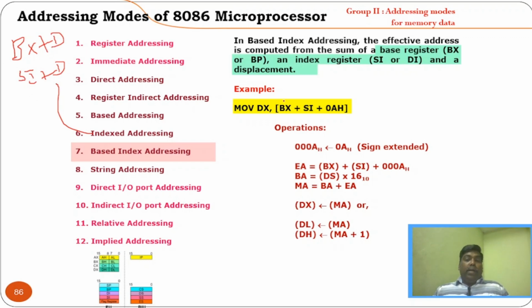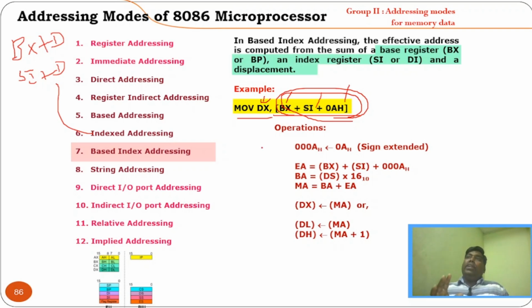We will use the base register, the index register, as well as the displacement value. The combination of all these three will give the effective address, right? So the effective address has to be calculated by adding all these things, right? That is called base index addressing. So what will this instruction do, right? You have to calculate the address. The content of that particular location will be transferred to this particular register, right?